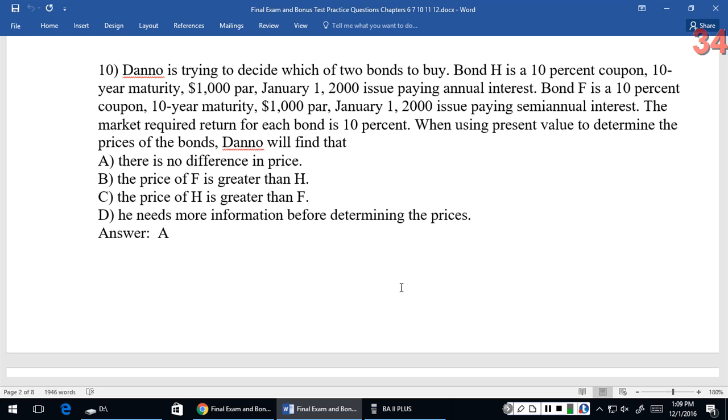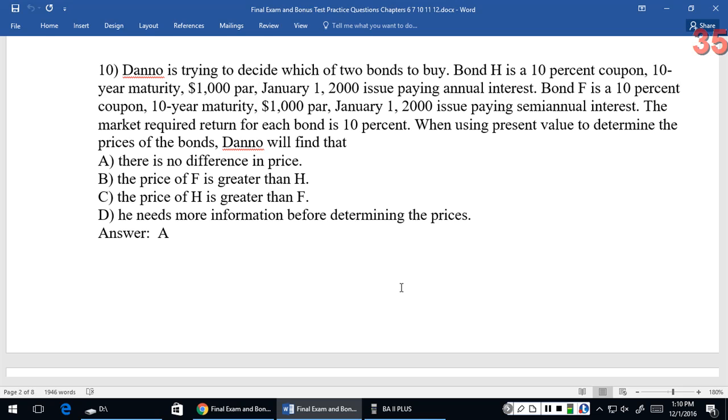Okay, so each bond pays a 10% coupon rate, and the current market rate of interest or the required return for each bond is 10%. So that was the very first example that we went over in class when we got the bond valuation. We looked at a bond, it paid a 10% coupon, the market rate of interest or the required rate of return was 10%, and so that bond equals exactly $1,000 in value because the required return equals the coupon rate.